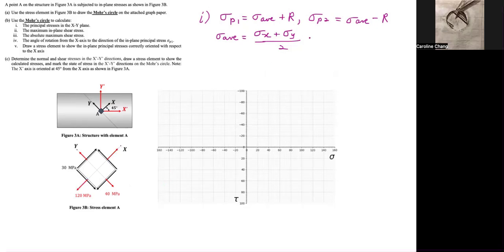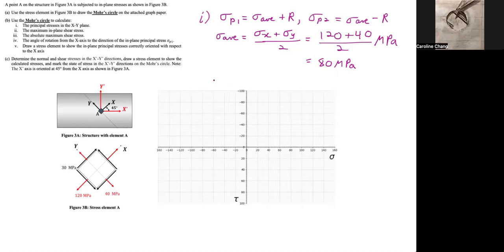And thus our sigma average will be equal to 120 plus 40 over 2 megapascals, which is 160 over 2, equal to 80. So 80 megapascals.